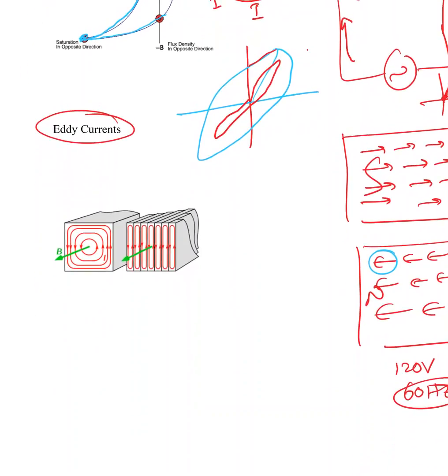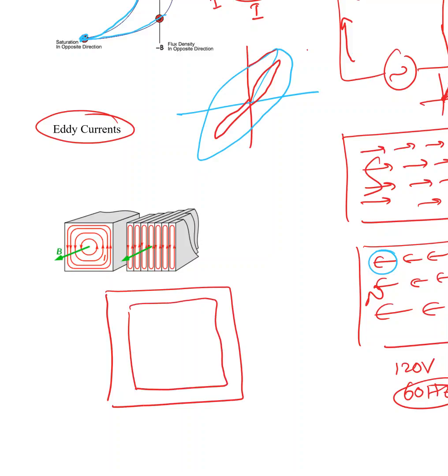Now coming to the eddy current losses. Eddy currents are nothing but currents created in the core. If you look at this transformer, this is a transformer core. It's a magnetic material, and at the same time mostly an iron piece, so it's a conductor too. A magnetic flux is passing through this conducting material since this is an iron core.